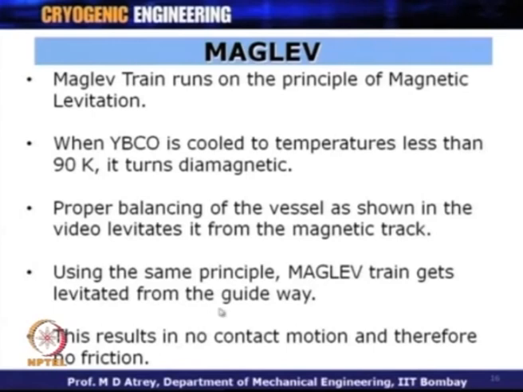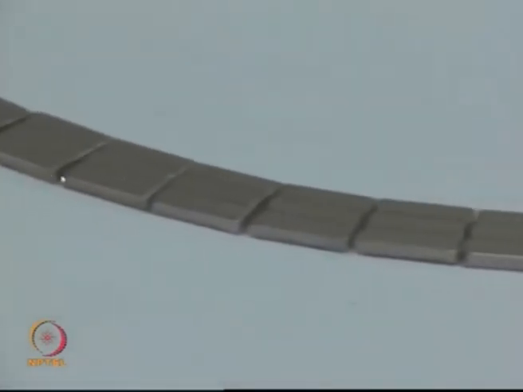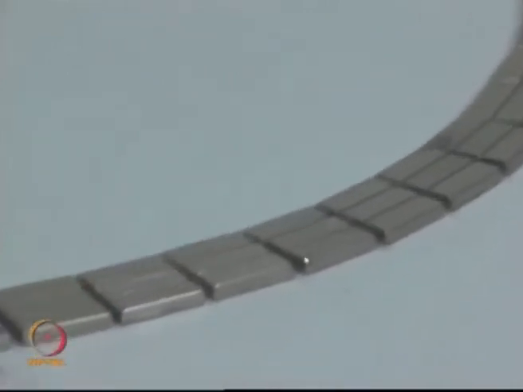Now, the same principle that we saw in the Meissner effect, I will show in an application in terms of maglev. In this video, what you see is that NdFeB magnets are laid down as a track. So, you have a magnetic track on which the train should move. You must have seen this in some kind of toys earlier.